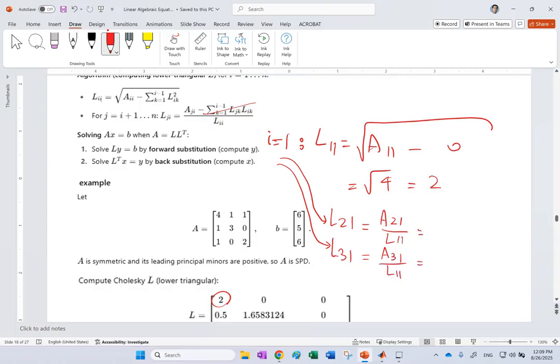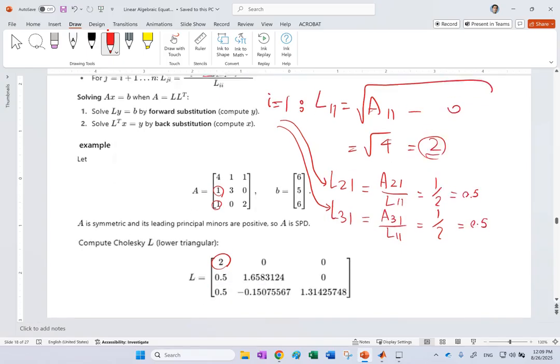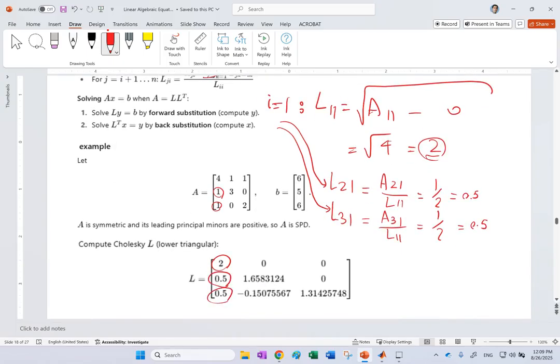So what I need to calculate is A21, which is this, divided by L11. So you are going to get 1/2 for this, or 0.5. And the other number is also 1 divided by 2, and that is also going to be 0.5. And that is exactly these two numbers that you can see.